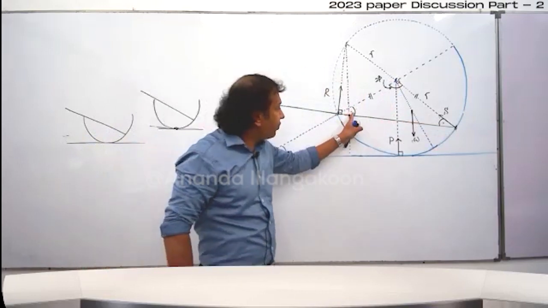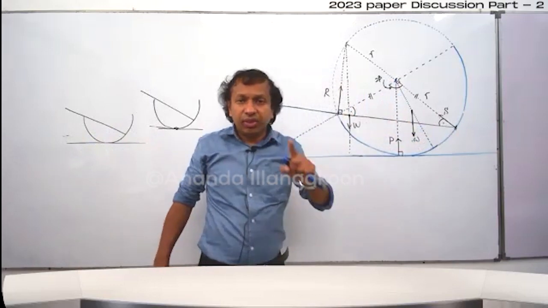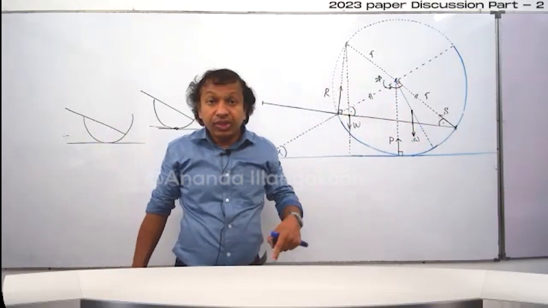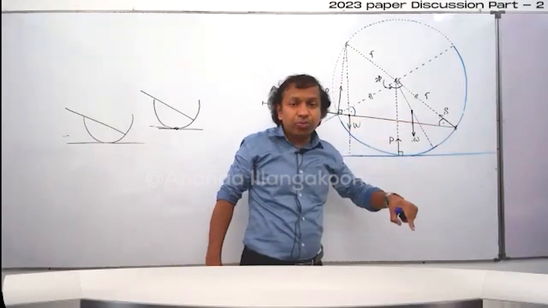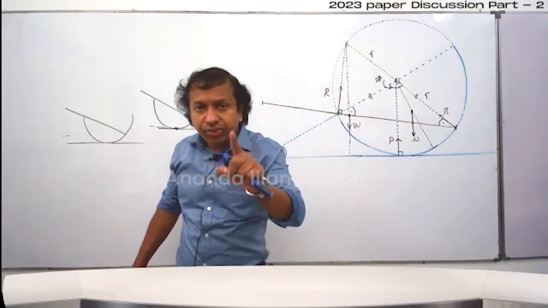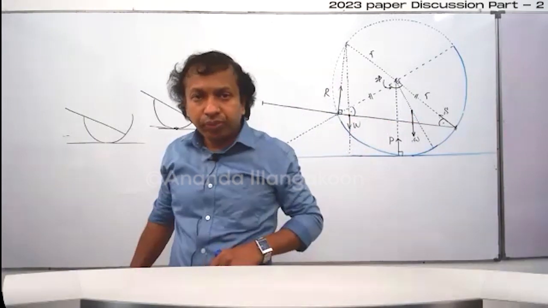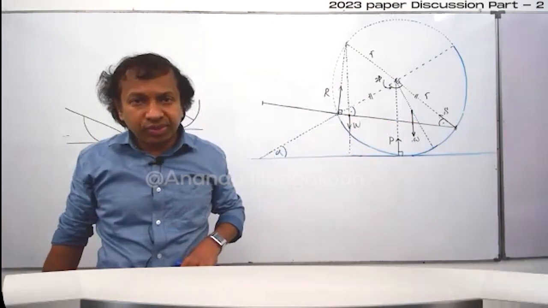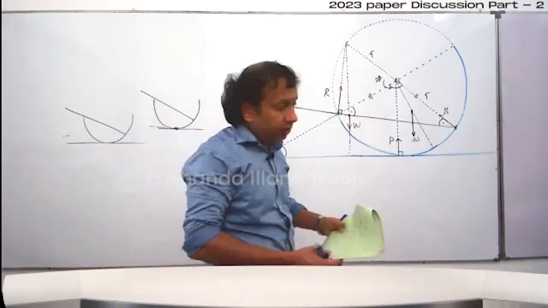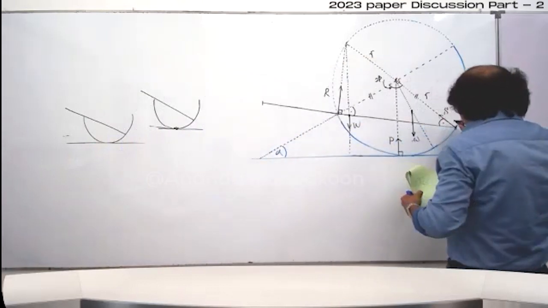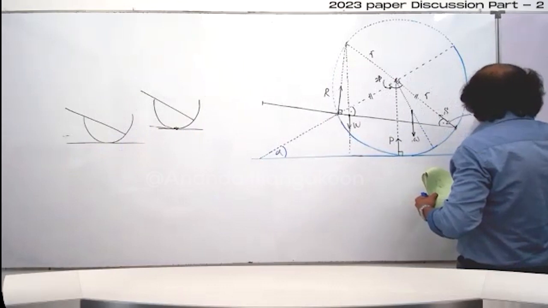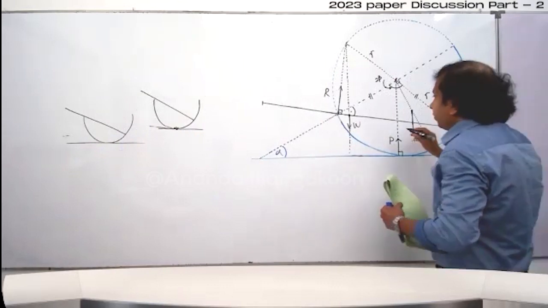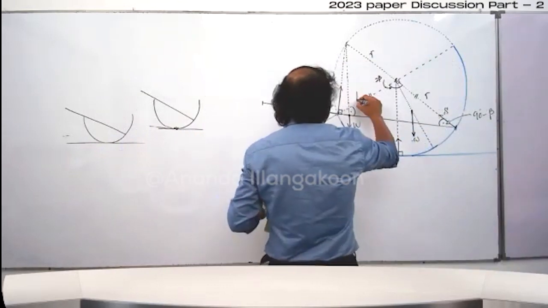Then the sum of this angle and this angle is 180 minus 2 beta. Since they are equal, each angle should be equal to what? 180 minus 2 beta divided by 2. What is that? 90 minus beta. Is it clear? So this is now 90 minus beta. It's also 90 minus beta.